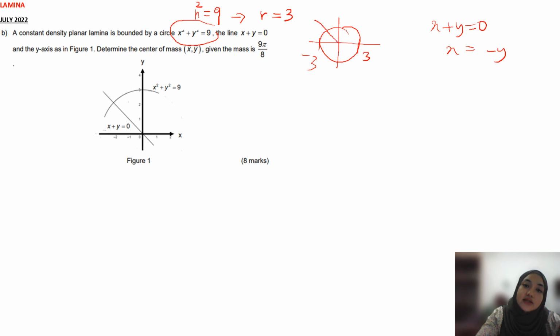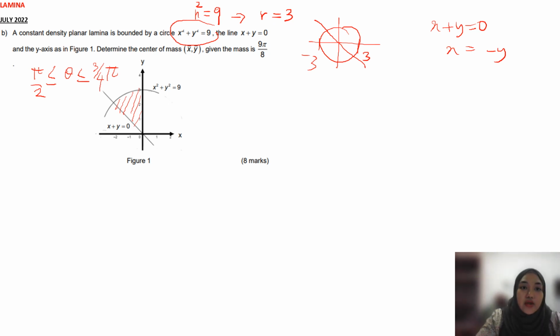For negative y is this line. Okay, since it's bounded from this one until this one, then you can find our theta value. So our theta value would be from pi over 2 until 3 over 4 pi. Okay, since it's half from pi over 2.